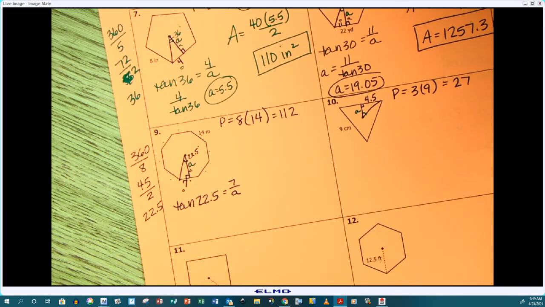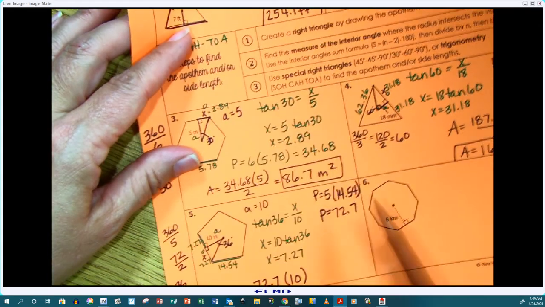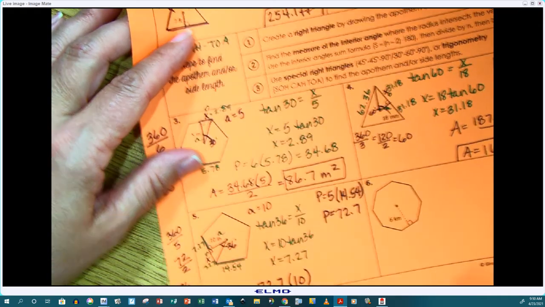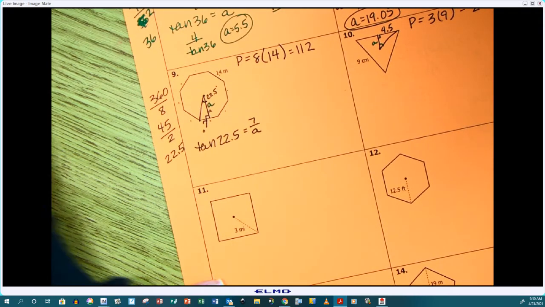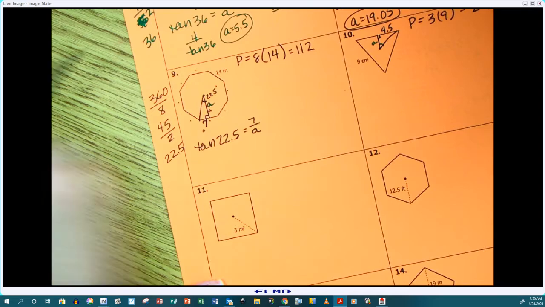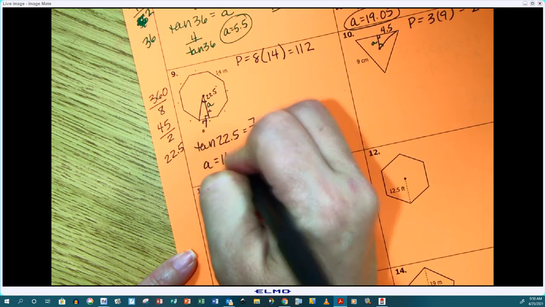So if you're looking for the apothem, you do tangent and divide. If you know the apothem, you do tangent and multiply. So those two kind of go together. So 7 divided by tangent 22.5. So we find out that our apothem is 16.90.